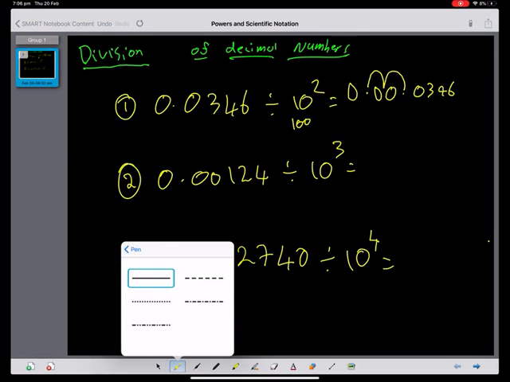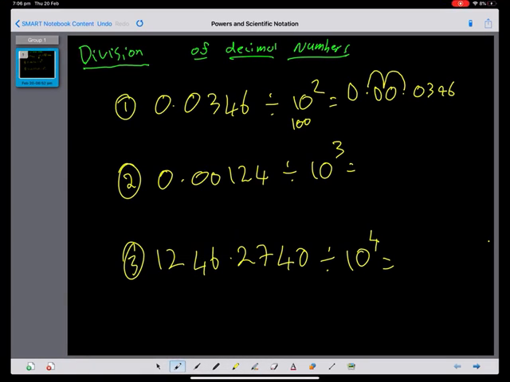Now it's fine to pretend that the decimal point jumps, but in fact the numbers are moving.